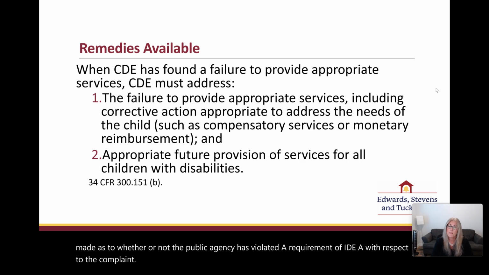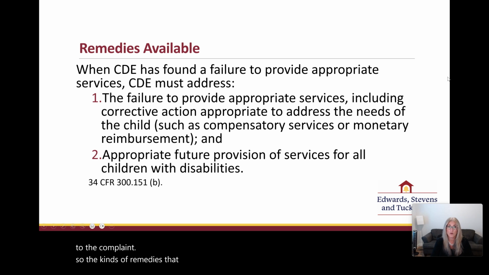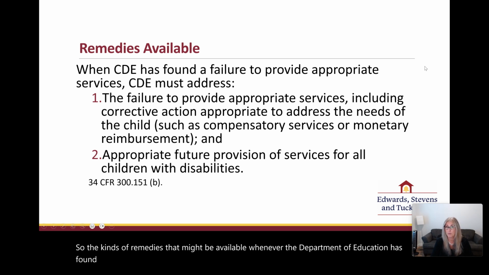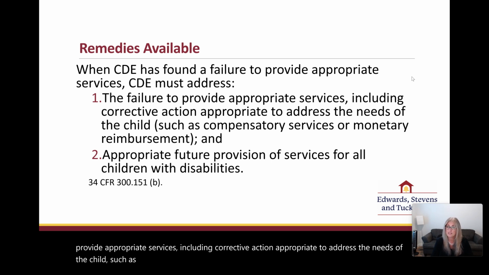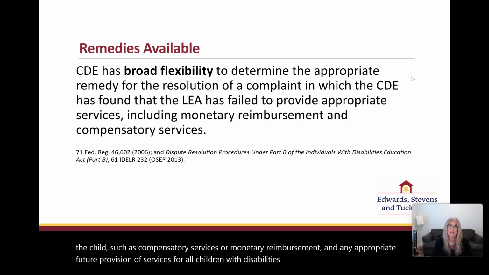So the kinds of remedies that might be available whenever the Department of Education has found a failure to provide appropriate services: CDE is required to address the failure to provide appropriate services, including corrective action appropriate to address the needs of the child, such as compensatory services or monetary reimbursement, and any appropriate future provision of services for all children with disabilities.